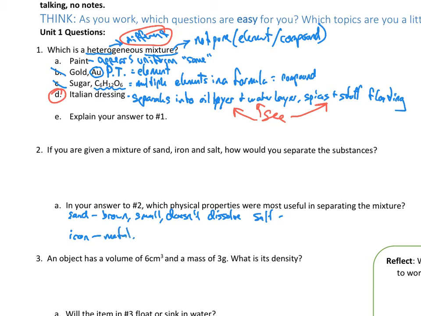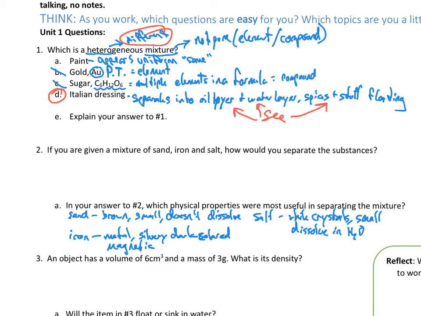It's a metal, it's kind of silvery dark colored, and it's magnetic. And what do I know about salt? Well, it's white crystals. It's also small, but it does dissolve in water.